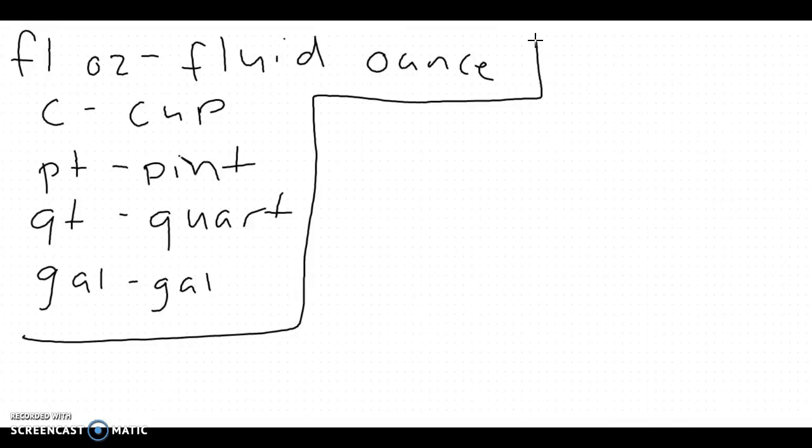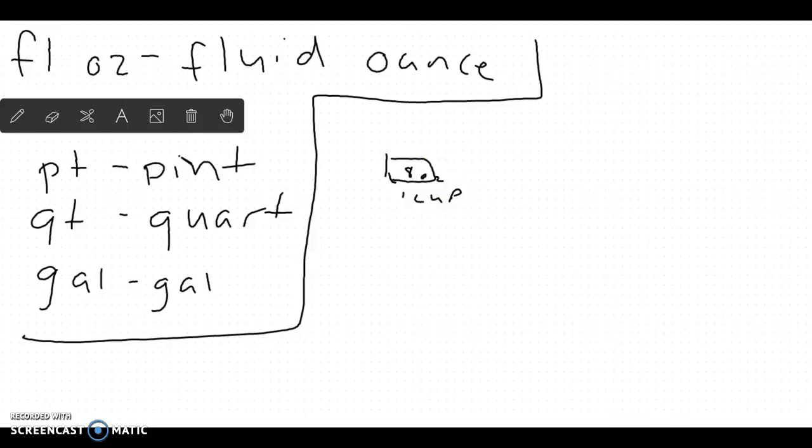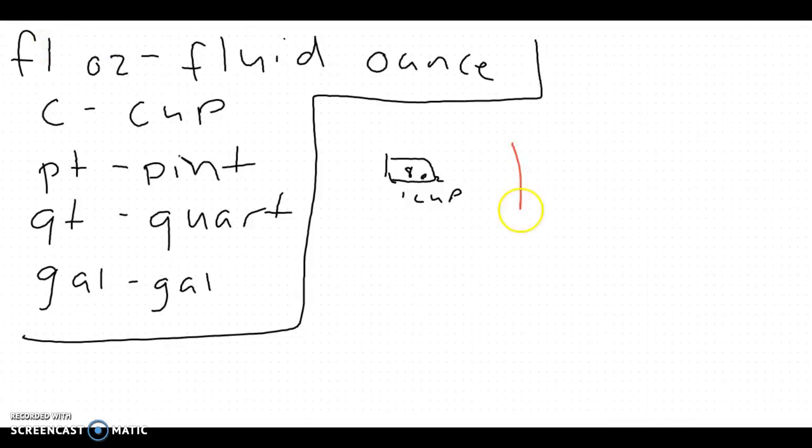The fluid ounce is the smallest unit, and there are 8 ounces in 1 cup. So 8 ounces is the same as 1 cup. Then we have our cup, then we have our pint, and there are 2 cups in every pint.